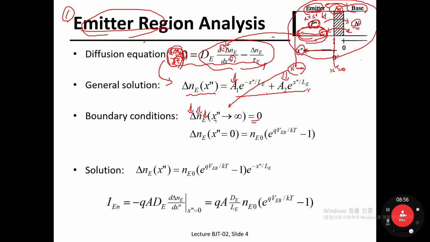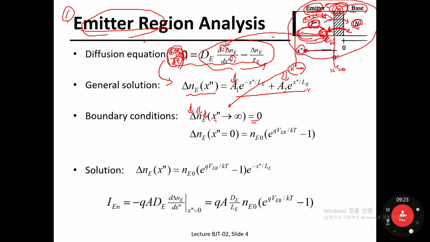Since many electrons have been injected from N side, because this emitter-base junction is forward biased, maybe in this regime the electrons would still survive. Whether the hole concentration is very high or low doesn't matter. Many electrons are still supplied from N side.